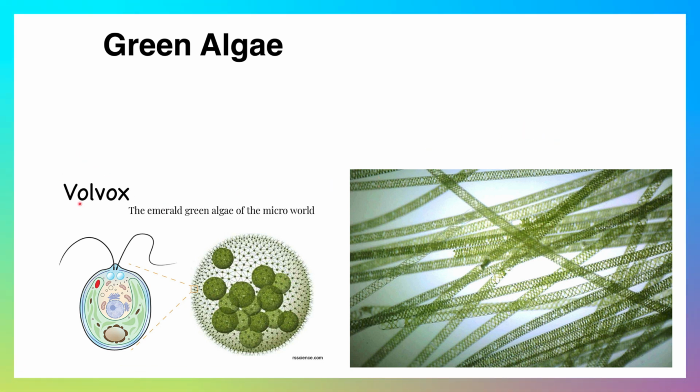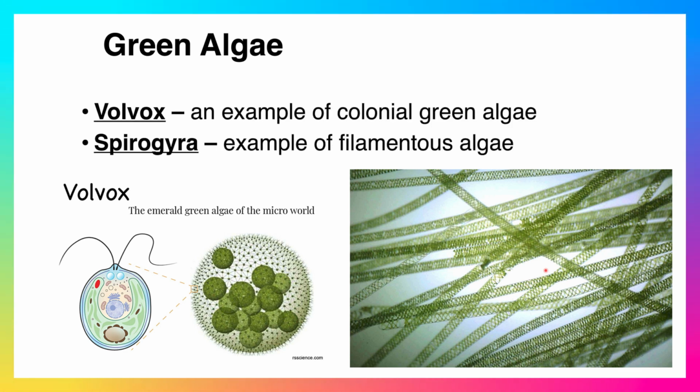Over here on this side is the volvox. This is a single volvox, and then here are a group bound together, and then you can have these filaments, which are also bound together. So volvox is an example of a colonial green algae. And this over here is called Spirogyra, which is an example of a filamentous green algae.